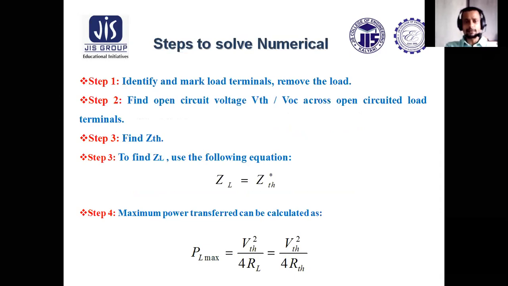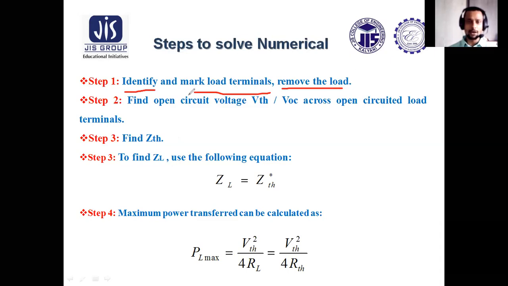The first few steps are almost similar to Thevenin's theorem steps, so it will be easier for you to understand as we already have gone through Thevenin's theorem. First step is identify and mark load terminals. Then remove the load, as in Thevenin's theorem.